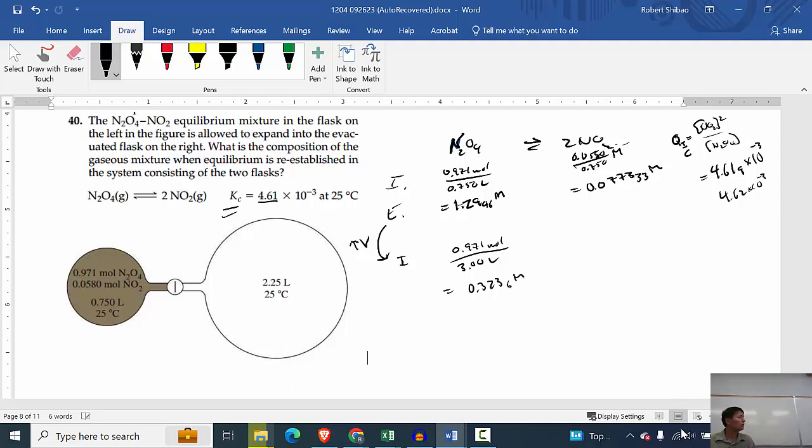And then this volume is going to get perturbed too, and so I'm going to have 0.0580 moles over 3 liters. Which gives us a molarity of what? 0.01933.